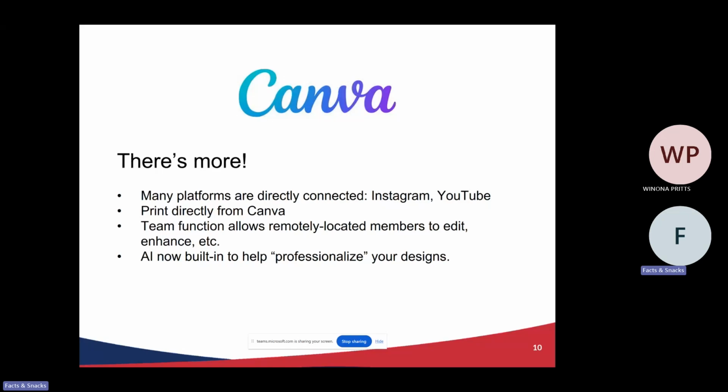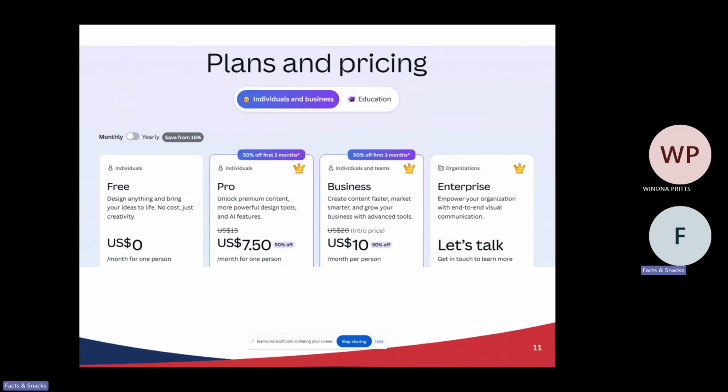So if you have remote workers, let's say you've got a social media person in Vermont doing your social media for you, they can directly access your Canva account and you can work on projects together, even though you're not in the same room. And now they have AI built in that is awesome. I was playing with it yesterday and it's amazing what it can do. So, lots and lots of tools within Canva.